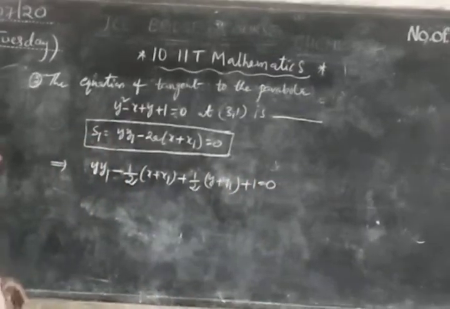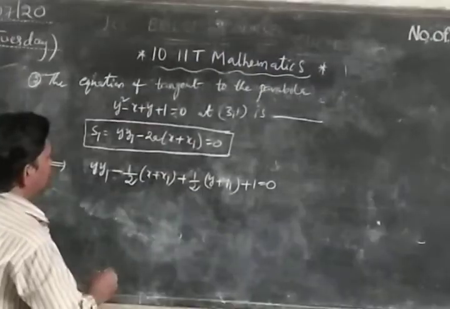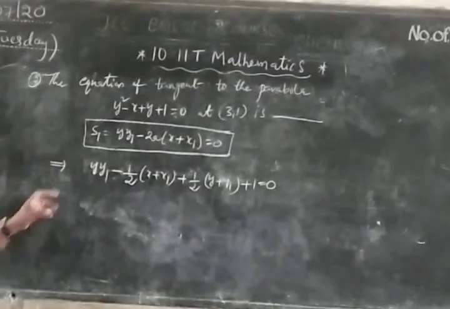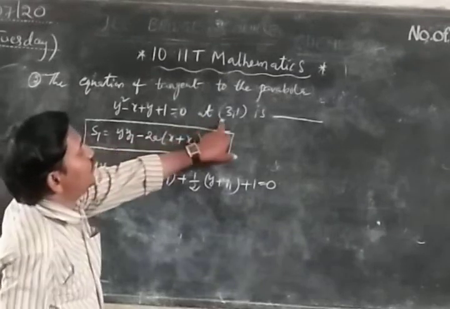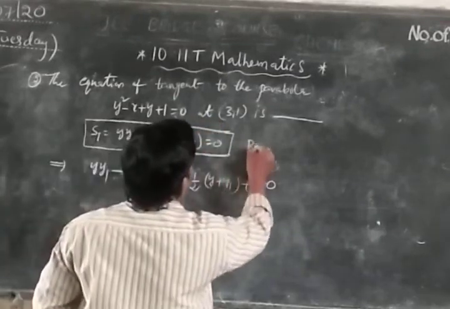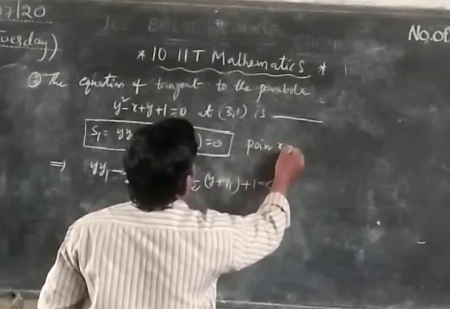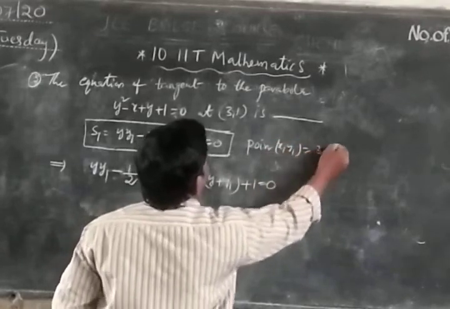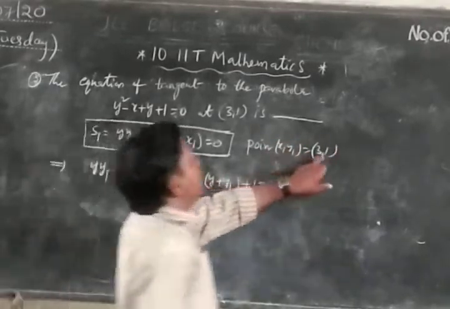Now take the LCM. Okay, substitute the values. The point x1 y1 equal to 3 comma 1. Points 3 comma 1.